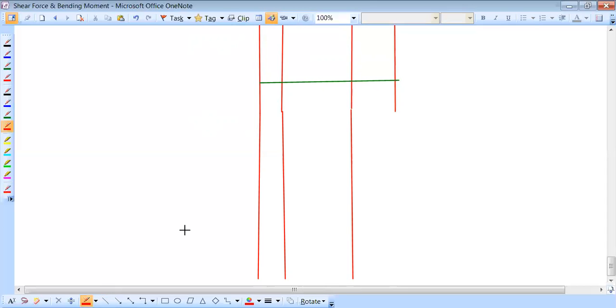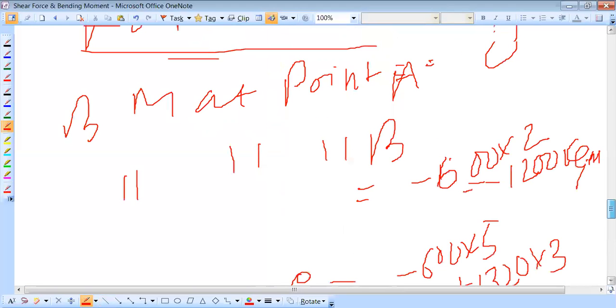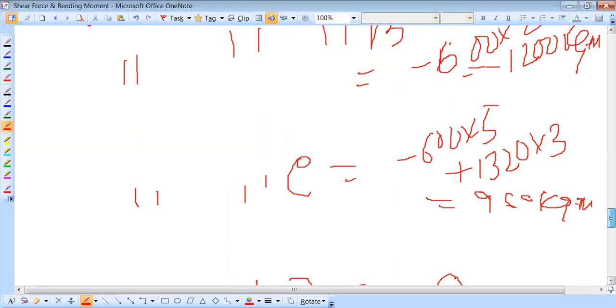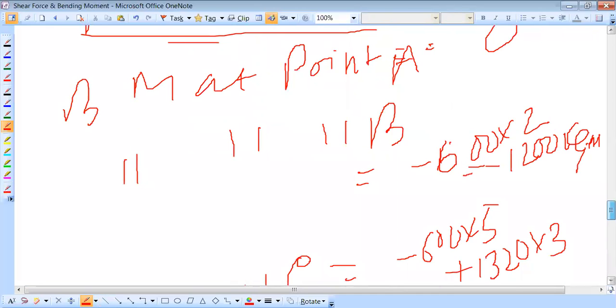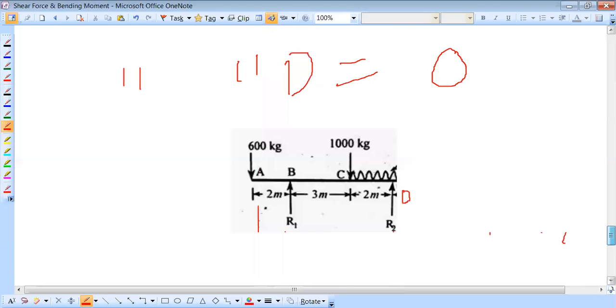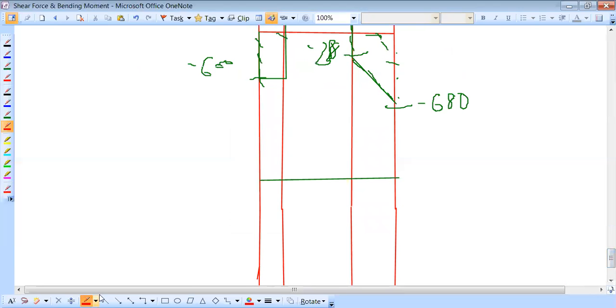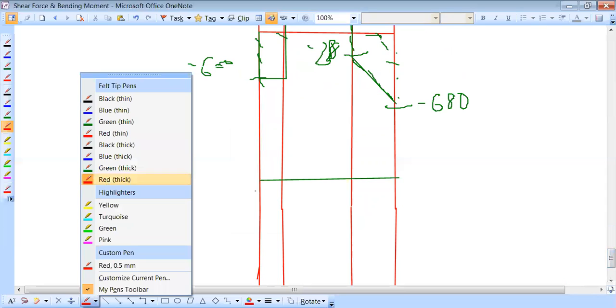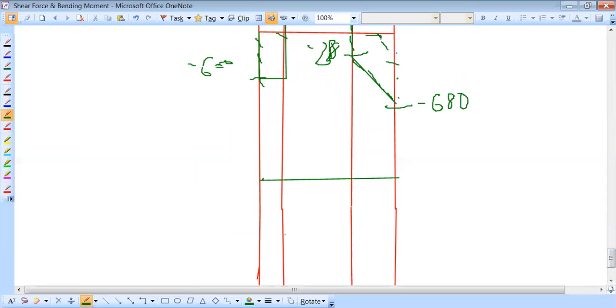Already we took a reference line here. Now draw. We know that the BM at the different points is already found out. BM at point A is equal to 0 and BM at D is equal to 0. Then BM at B is minus 1200, here 0, and B is minus 1200. So we can draw a direct straight line.